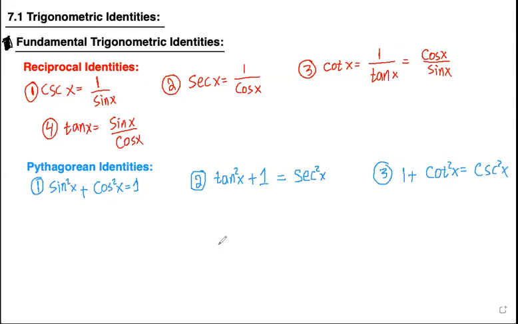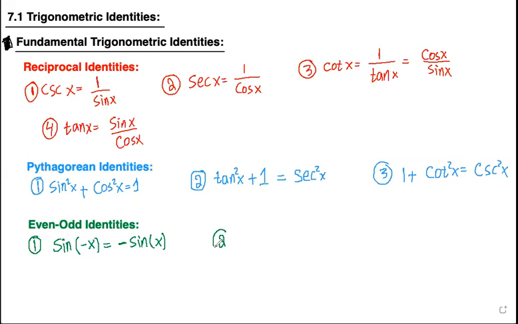The last identities are the even-odd identities. The first one: we have to know the sine function is an odd function, so the sine of minus x is the same as minus sine of x.